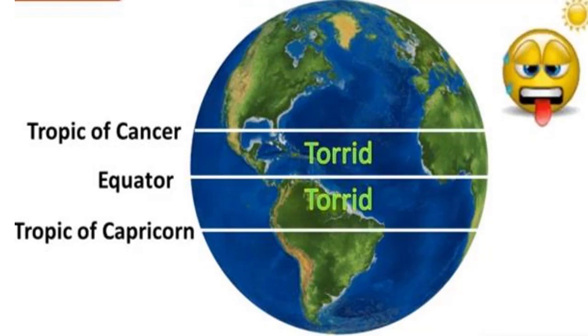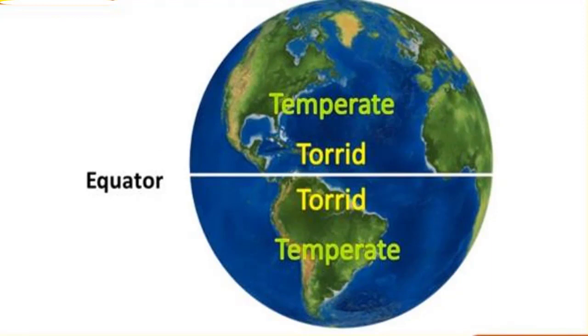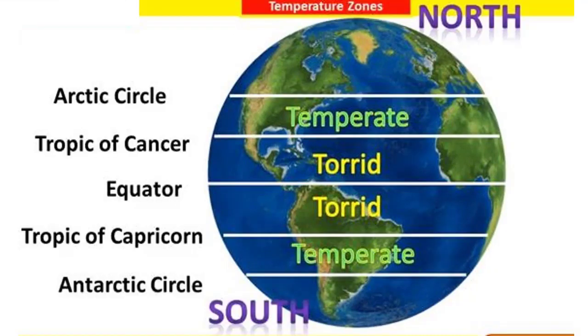The temperate zone. Temperate means neither too hot nor too cold, between the Tropic of Cancer and the Arctic Circle in the northern hemisphere and between the Tropic of Capricorn and the Antarctic Circle in the southern hemisphere.